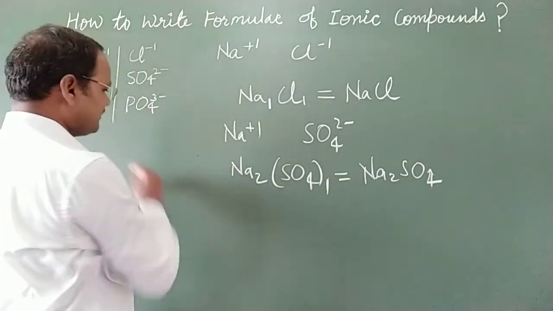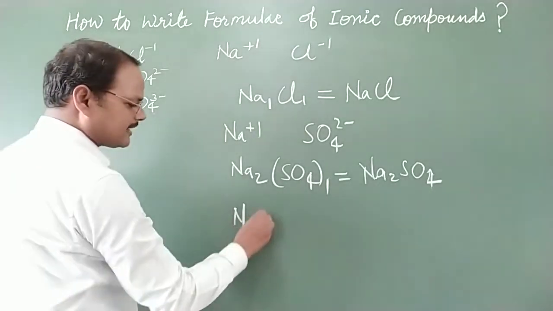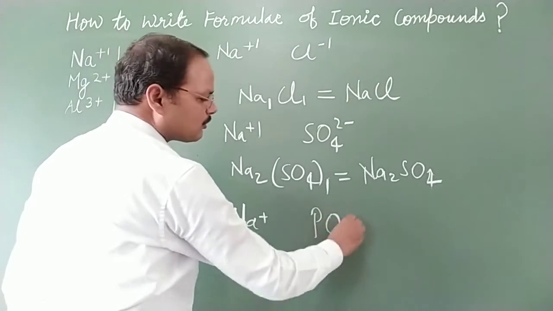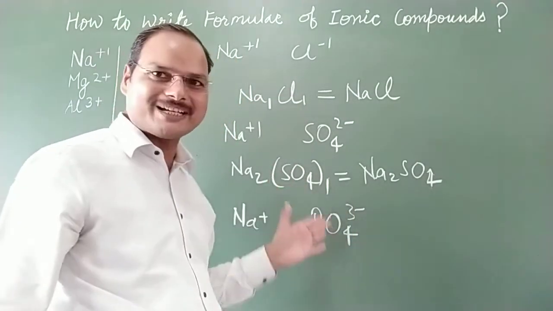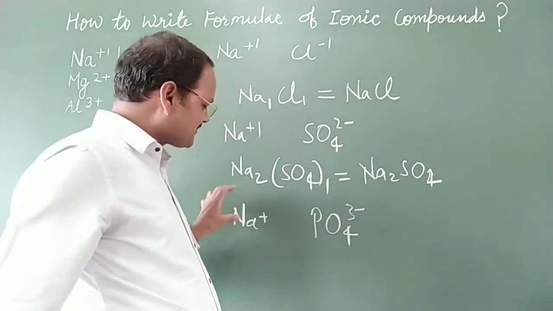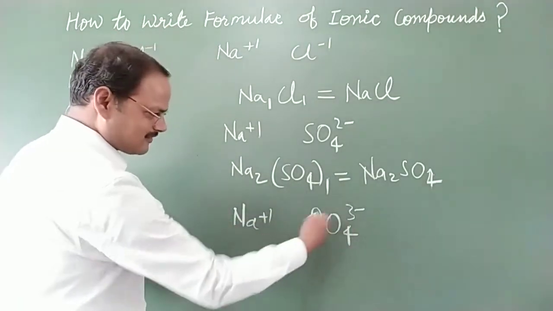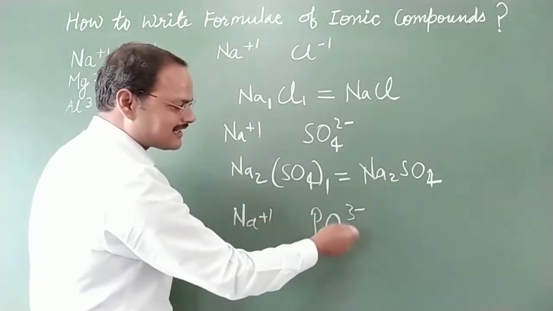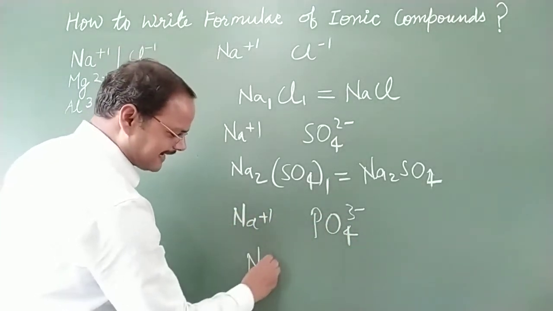Now see the third ion, that is the phosphate ion with sodium, Na positive, and here the third ion is PO4 3 negative. By using the same concept, I hope you can write the formula with phosphate for sodium. Once again you can see, this 3 should be written here and this 1 should be written with this PO4. What will be the formula?